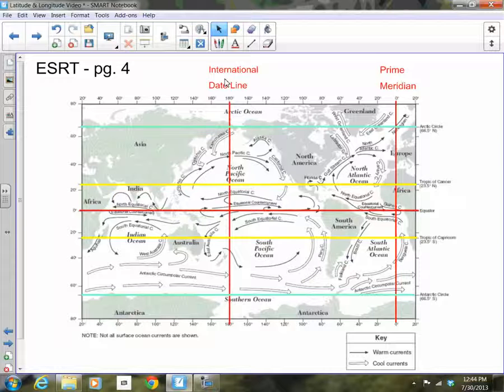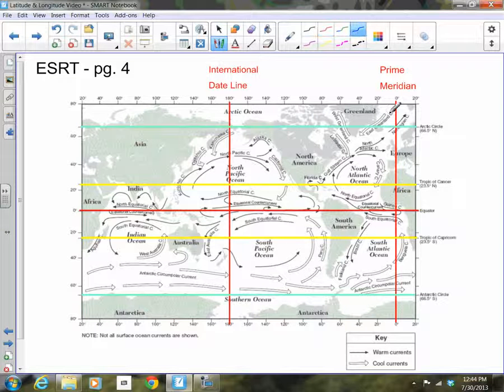Now let's figure out where the eastern hemisphere is and where the western hemisphere is. We'll start with the prime meridian. We know that if we go west from the prime meridian, it brings us to the western hemisphere. As you travel west, you'll notice that the numbers are getting bigger. So starting with 0, 20 degrees, 40 degrees.